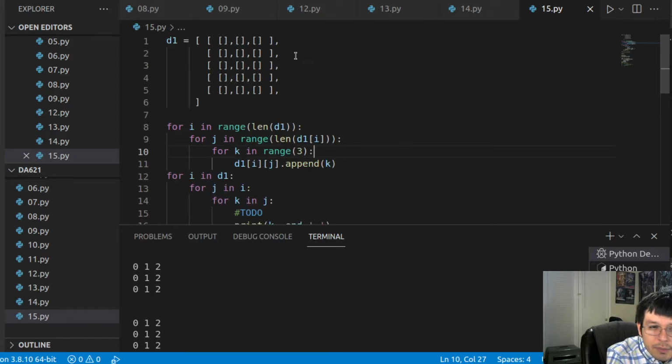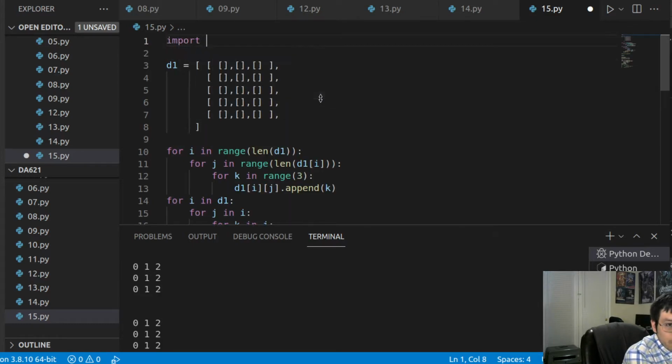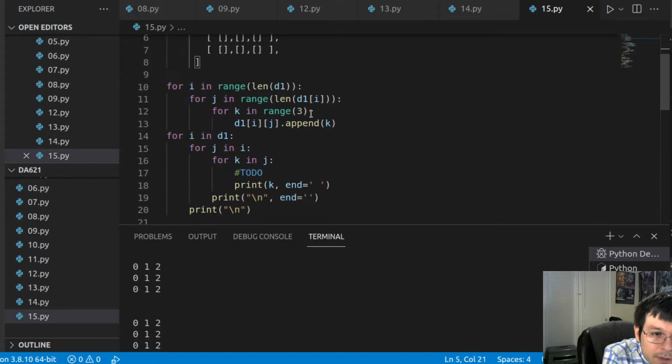I think that was a library function. So let's just try that. I think it's import random. Yeah, there we go. Okay, and so now up here, instead of putting in the value k, which is the loop, let's just generate a random number and throw it in there.